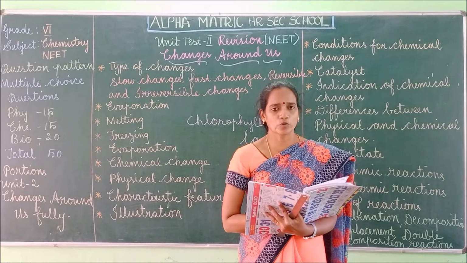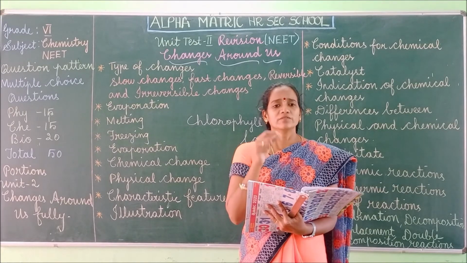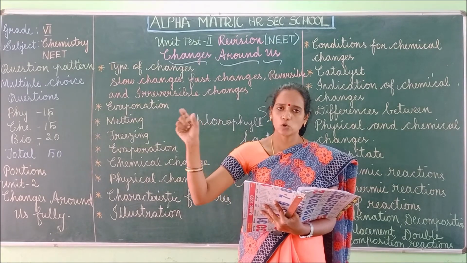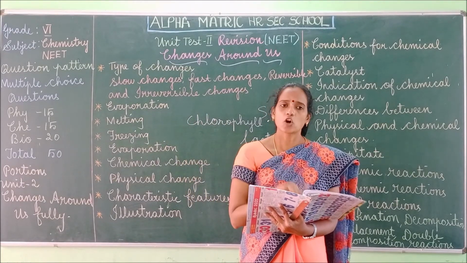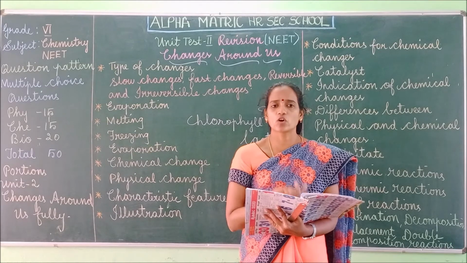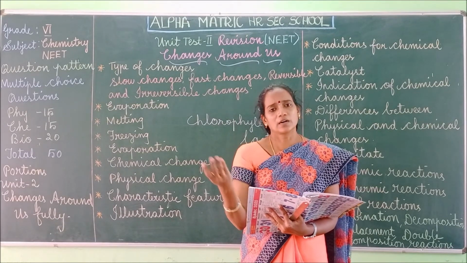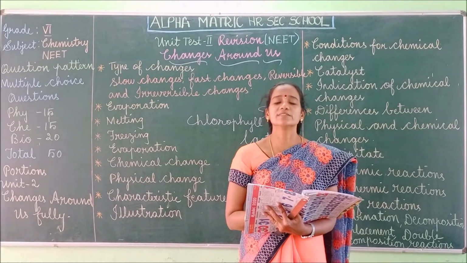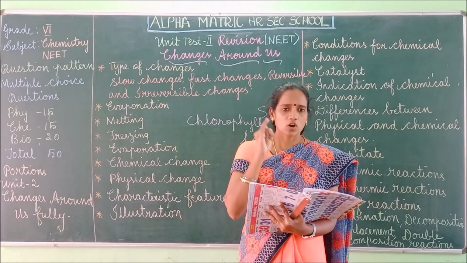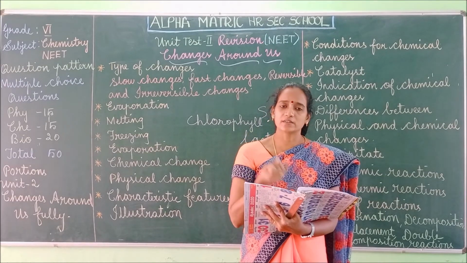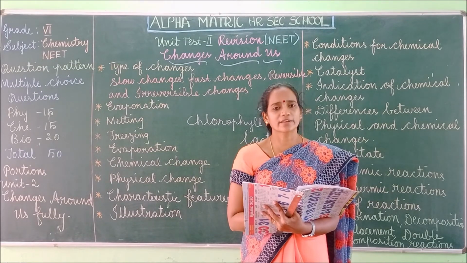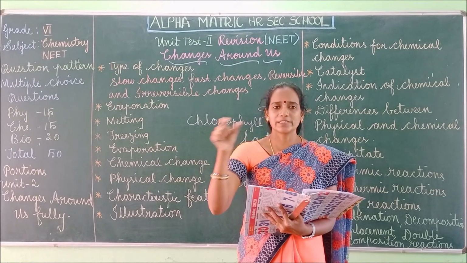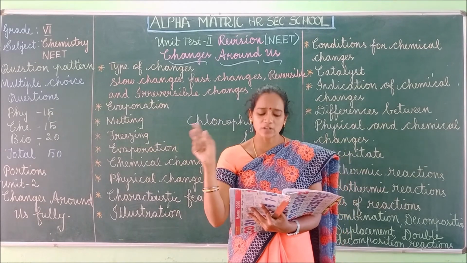CFC means chlorofluorocarbons. Which gas is responsible for global warming? If the question is asked like that, and the options are carbon dioxide, chlorofluorocarbons, methane, and another option, all the above, which answer will you select? Carbon dioxide is also a correct answer. Chlorofluorocarbon is also a correct answer. Methane is also a correct answer. So you have to write all the above. All the 3 answers are right.